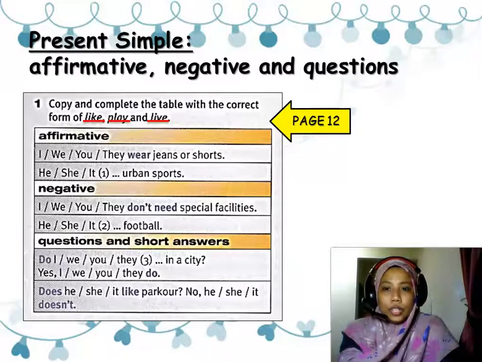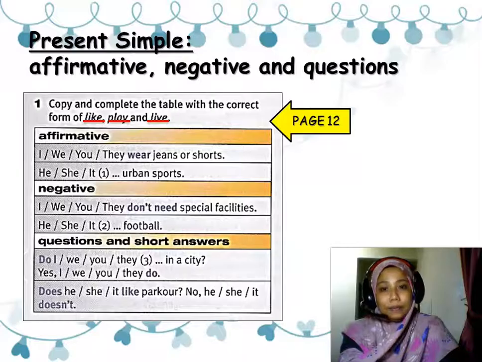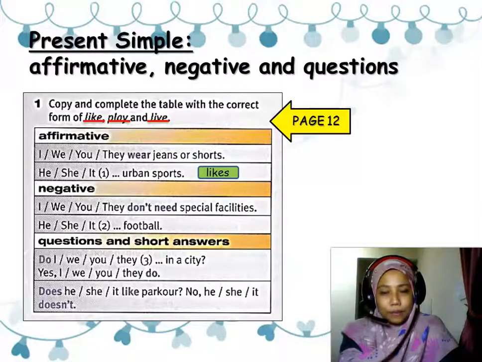He, she, or it indicates a singular pronoun. So, the verb should be added with s. What is the answer? Likes urban sports.